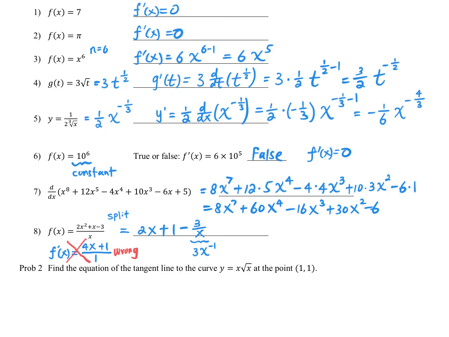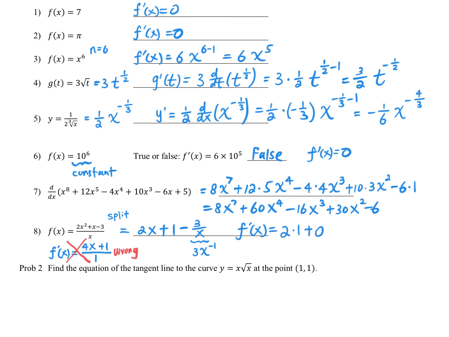So with that, we can find the derivative using the rule that we just introduced. So the derivative of the first term, 2x, will be just 2 times the derivative of x, which is 1, right? So 2 times 1. And plus the derivative of 1, which is a constant, will be 0.